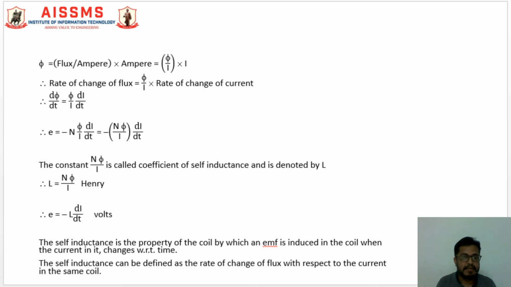The constant N phi by I is called the coefficient of self-inductance and it is denoted by capital L. So self-inductance equals N phi by I, where N phi is nothing but flux linkages with the coil, divided by I, which is the current flowing through that coil, and the unit of self-inductance is Henry.